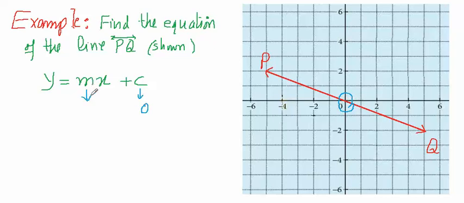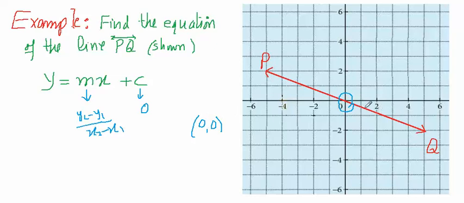And this is the slope, which is y2 minus y1 over x2 minus x1. How can we find this? We choose any 2 points on this straight line which you can easily read. So you can take one point, this, which is 0, 0, and you can choose one more point which is easy to read. This is not easy to read.